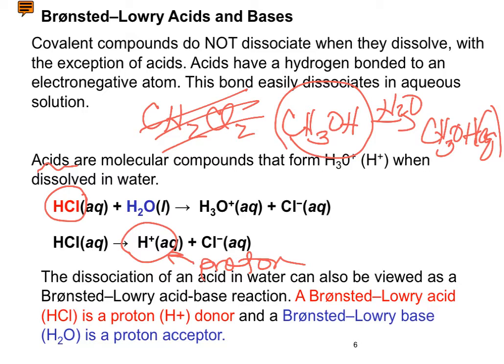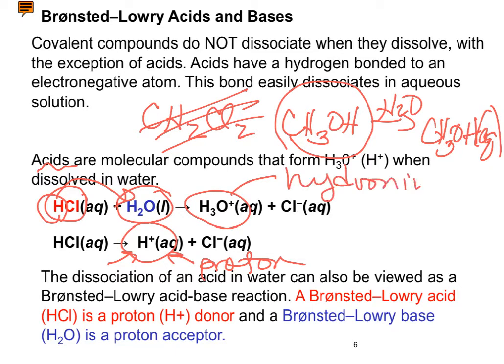So acids are substances that donate a proton, and that's what happens in water. When you dissolve an acid in water, the acid donates its acidic hydrogen ion to water, and so you end up with what we call the hydronium ion, a polyatomic ion. And then what's left over is the chloride ion. So acids are an example of a covalently bonded compound that dissociates to form ions in water.